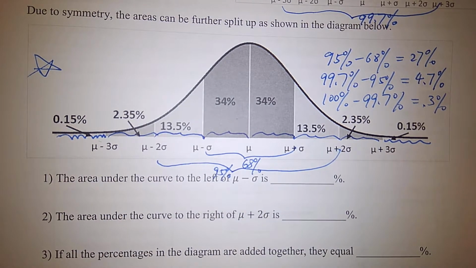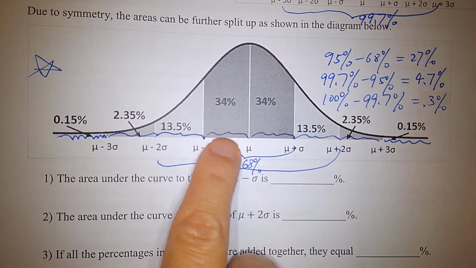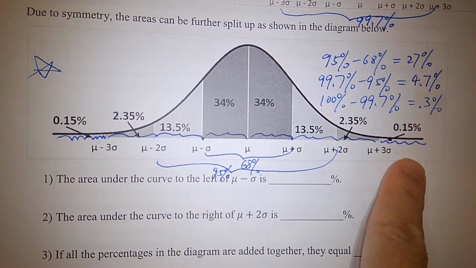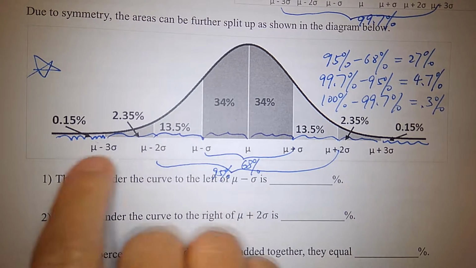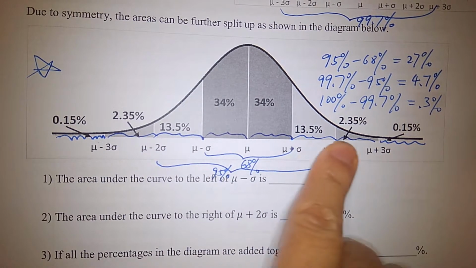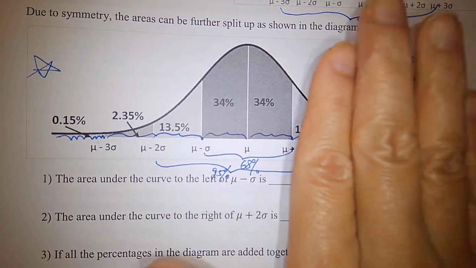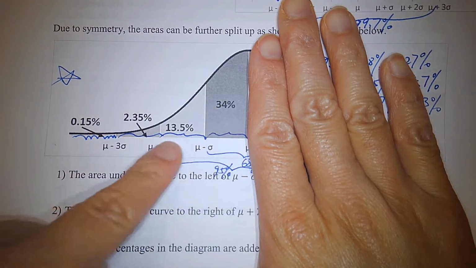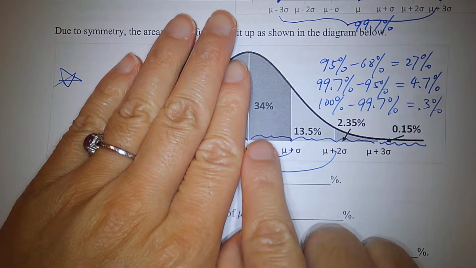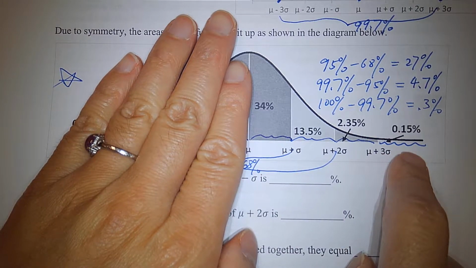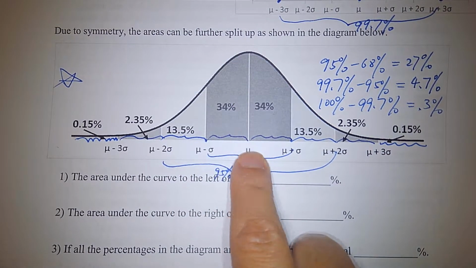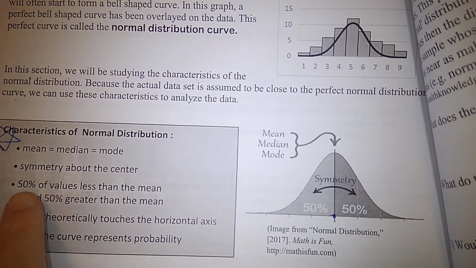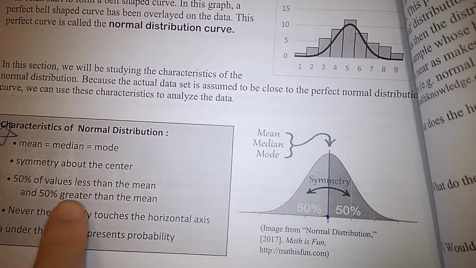You guys? And then each interval is a percentage. If we add up everybody, the total sum should be what? 100%, okay? Because on the entire horizontal line there is 100% of the data. And we know that less than the mean, the total is 50%, and greater than the mean, 50%, because for a normal distribution, remember we talked about this just now, 50% of values are less than the mean and 50% are greater.